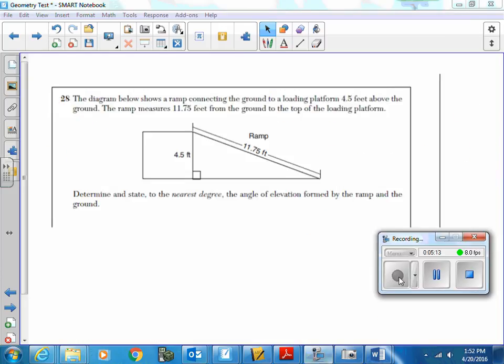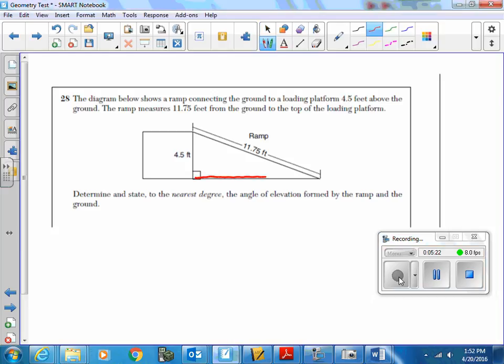Okay, let's look at number 28. It says, the diagram below shows a ramp connecting the ground to a loading platform. The loading platform is 4.5 feet above the ground.